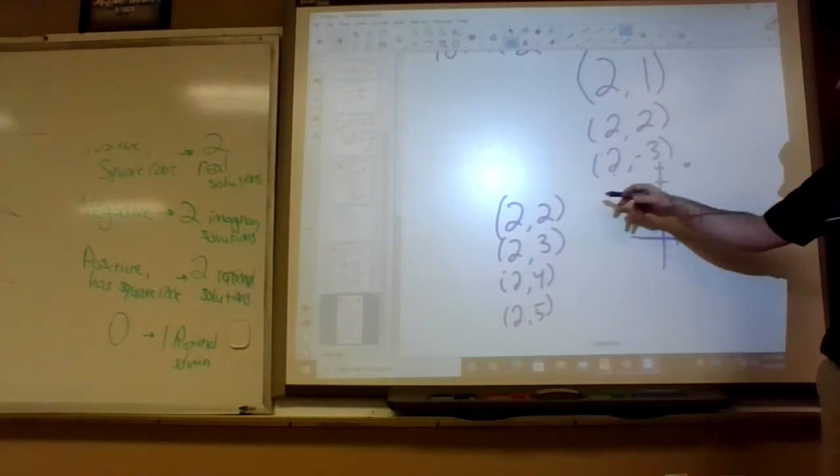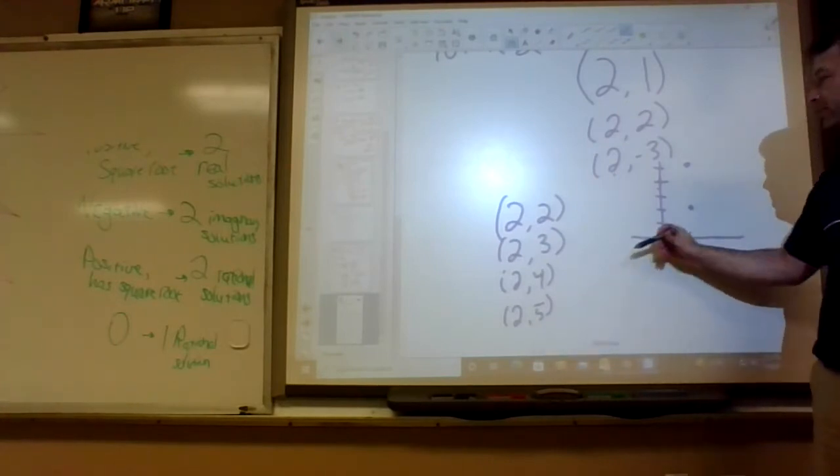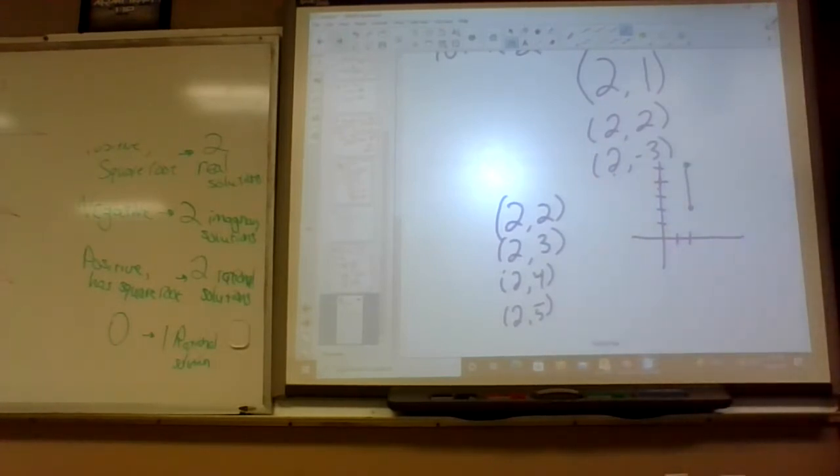But all the infinite points between those two are possible also. So we need to fill that in. That's it, except for we also are supposed to say whether it's a function or not.